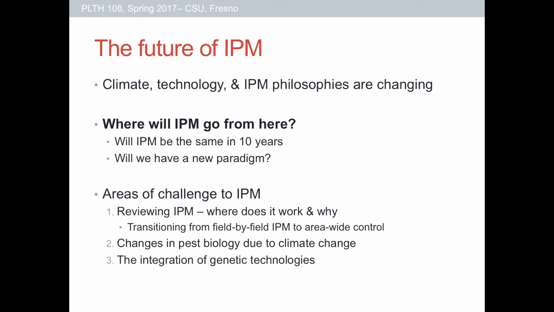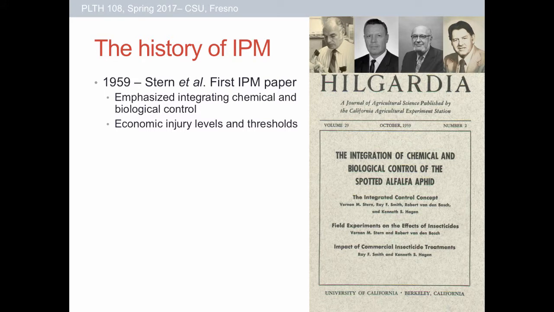And then finally, I think down the road we're going to see a lot more impact of genetic technologies on pest control. I just saw an article on Reddit. One of the top hits was about a new CRISPR application that they had used to clear HIV out of adults. These are powerful techniques, and people are definitely interested in using them in pest control. So it'd be interesting to see where those go.